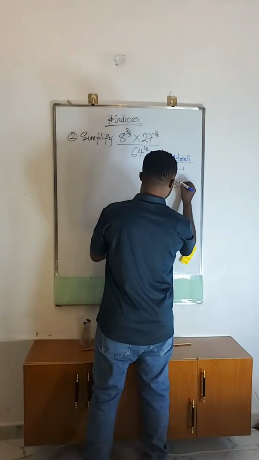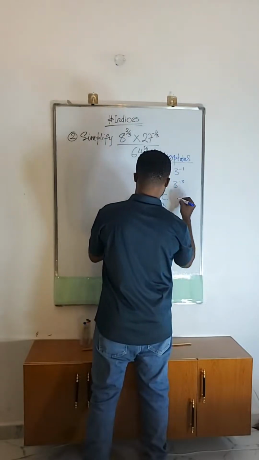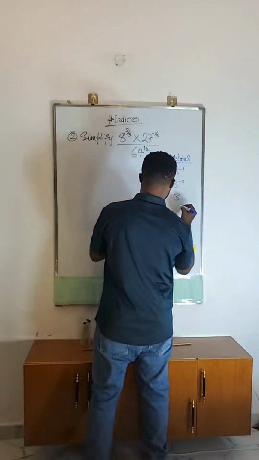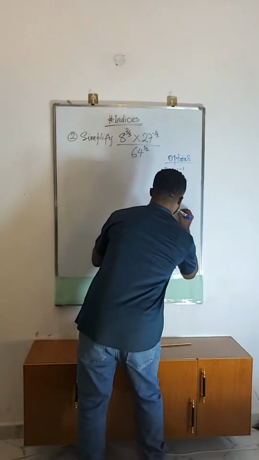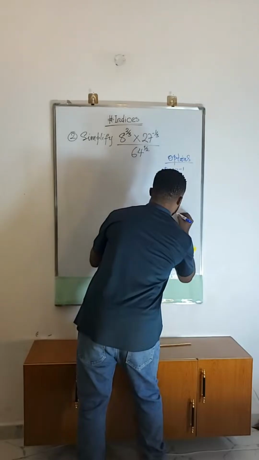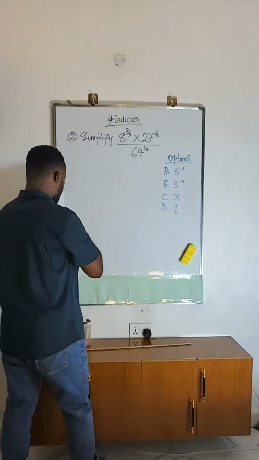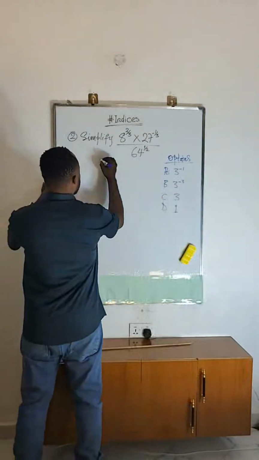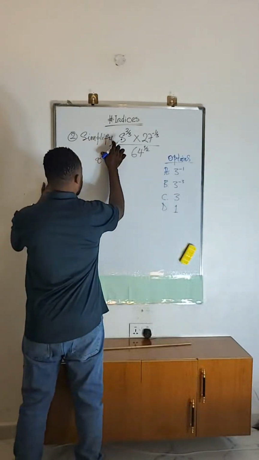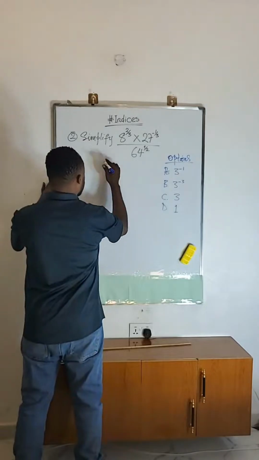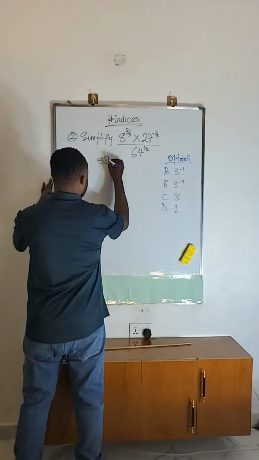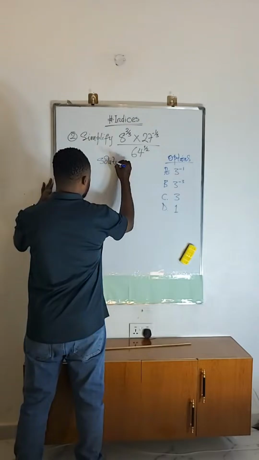Option B is 3 raised to the power of minus 3. Option C is 3. And option D is 1. Those are the options. So let's solve this so that we can know which option is correct or not.